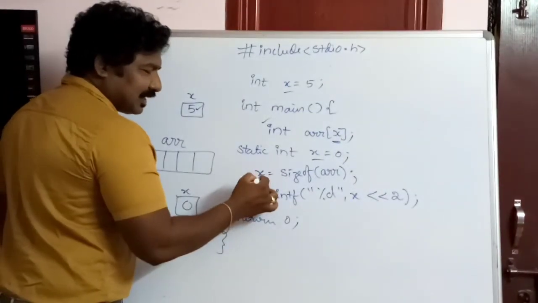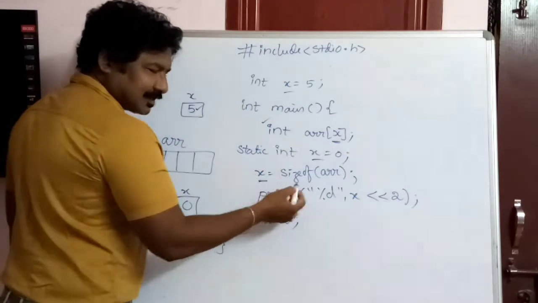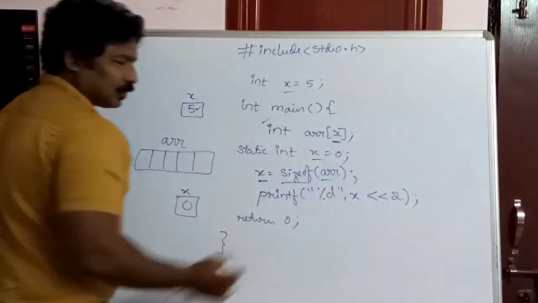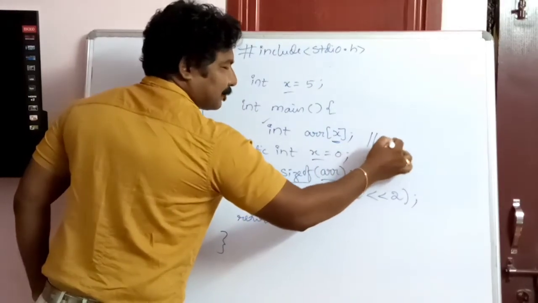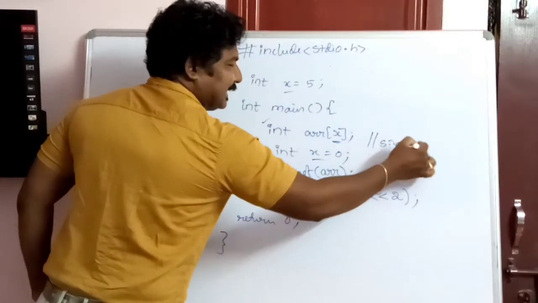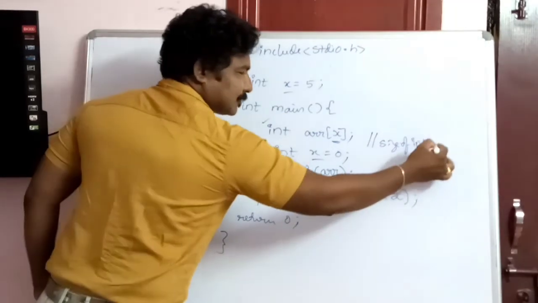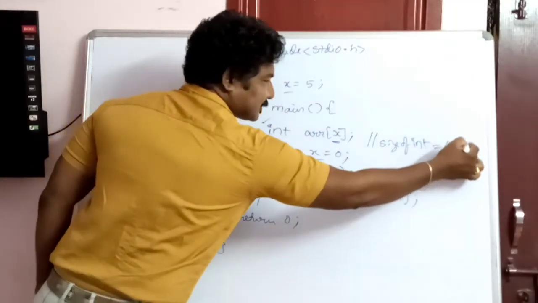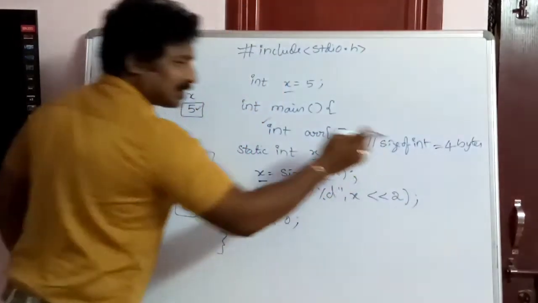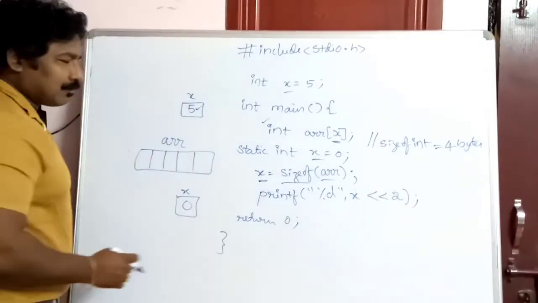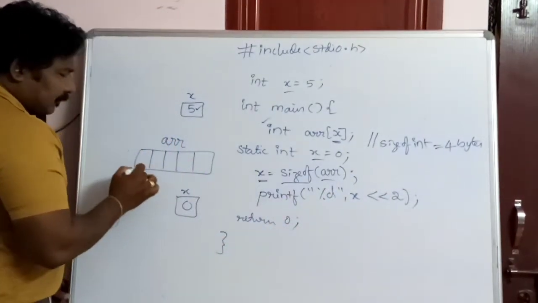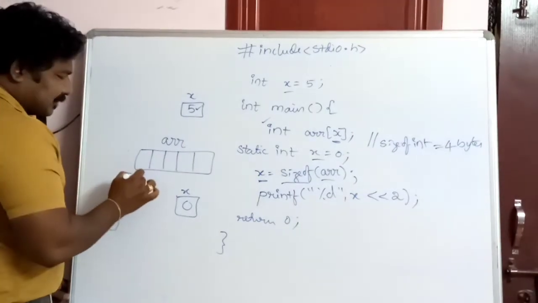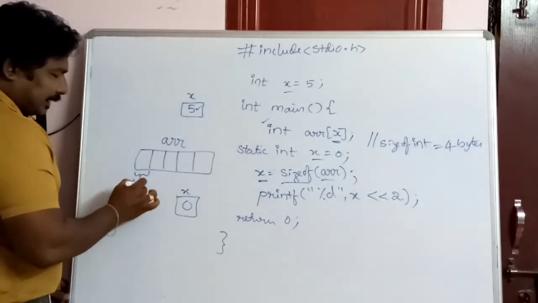and here you are initializing, or assigning, this x the sizeof ARR. Assume that the size of int data type is 4 bytes. If I say sizeof ARR, there are 5 elements and each block occupies 4 bytes.